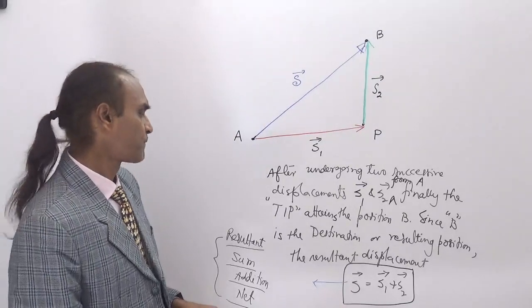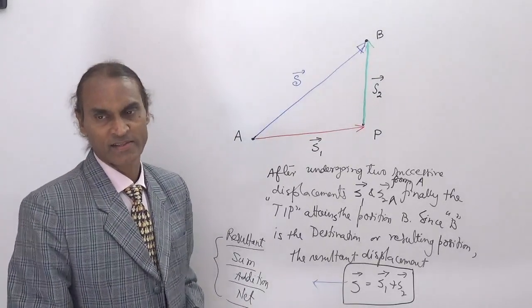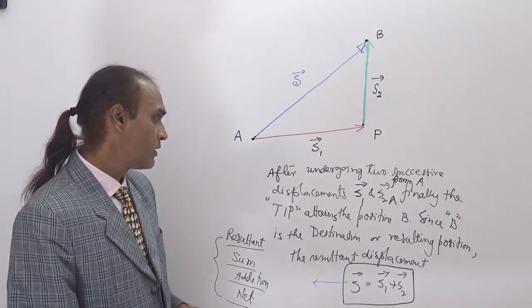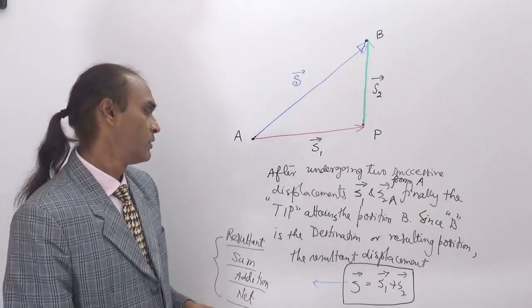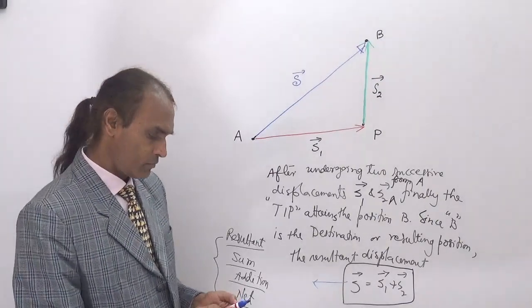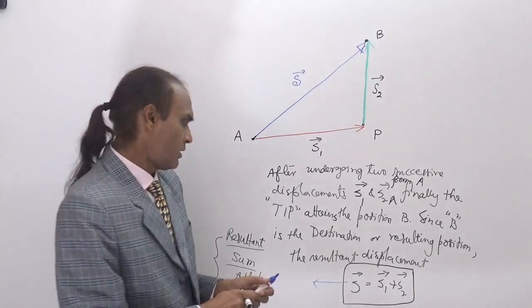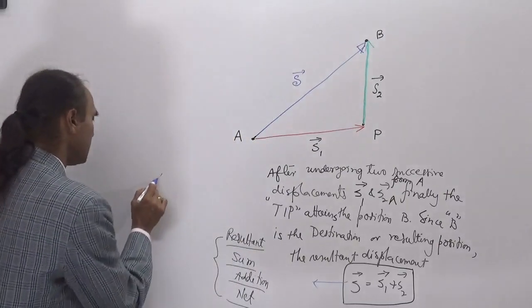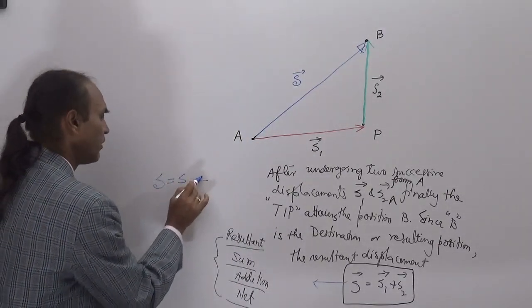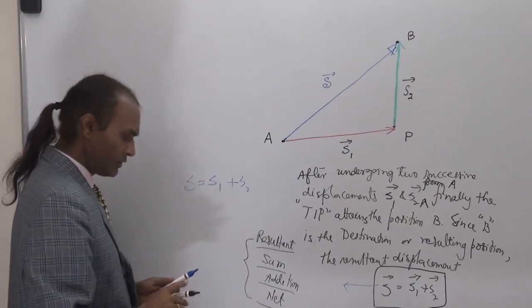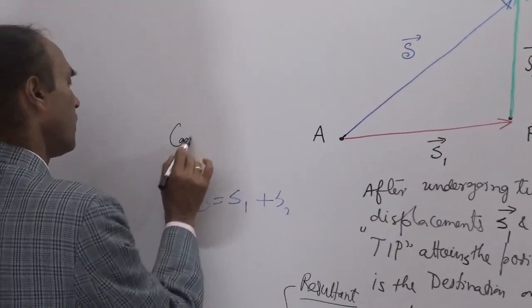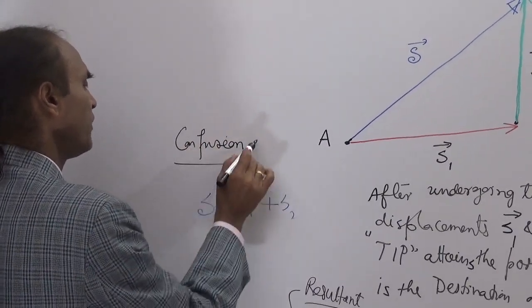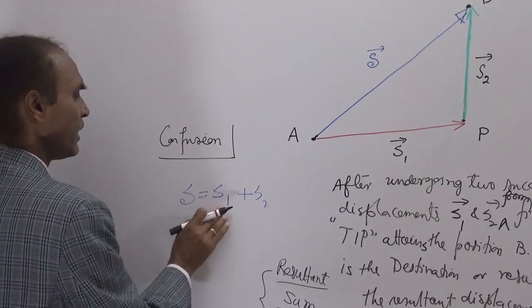But always this may not be the case. Sometimes you may think that S is equal to S1 plus S2. This is a confusion. What is the confusion? We write S is equal to S1 plus S2.